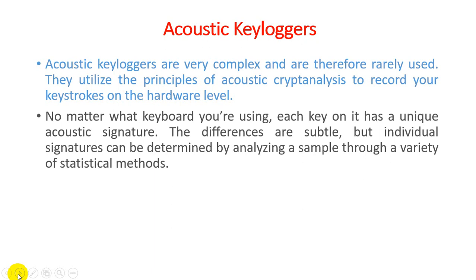Like if we are pressing A, it is directly converted to a particular notation, say 67. So if they identify A, it directly sends the code 67. So whenever we are using any kind of keyboard, if someone is using an acoustic keylogger, they can directly access our actual keystrokes.